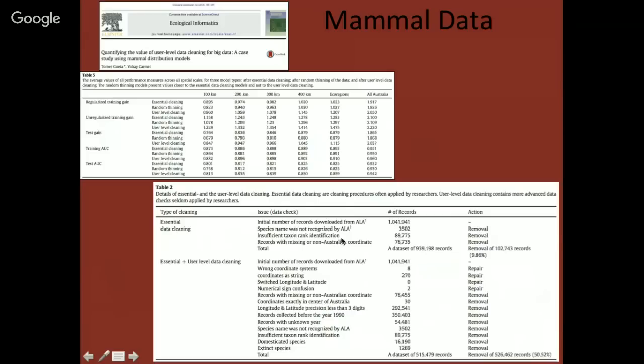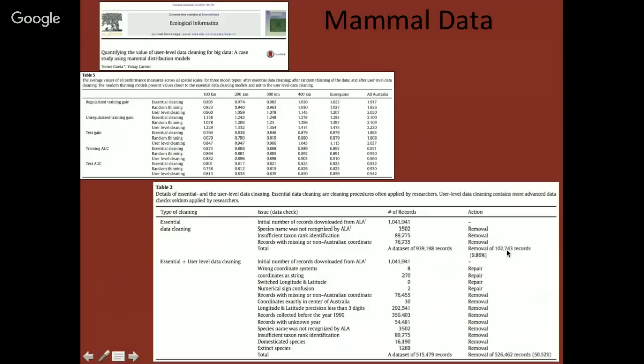If the taxon was not completely identified, 90,000 records were lost. And records with missing or non-Australian coordinates, another 76,000 lost. So that, what they call essential data cleaning, comes down by 70,000, 80,000, 90,000 records.